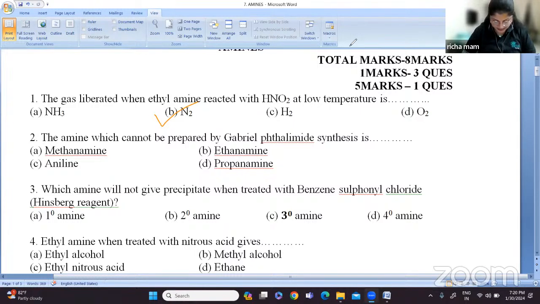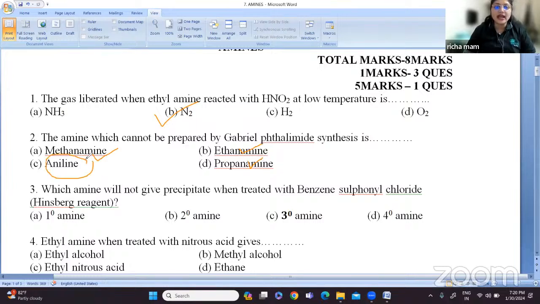What about others? In Gabriel phthalimide synthesis, we can prepare only primary aliphatic amines. Now methanamine is an aliphatic amine, ethanamine is an aliphatic amine, propanamine is an aliphatic amine.